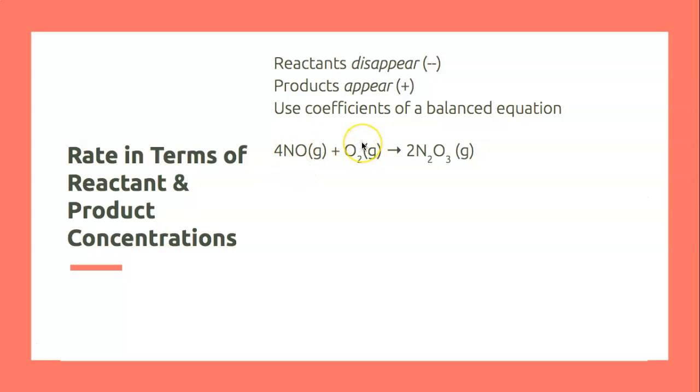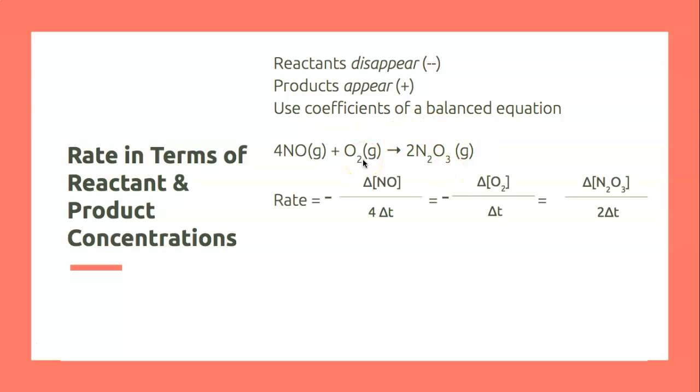Basically, by thinking about how much reactant is used up per product that is formed. So for every two, and we want to think about this in individual units, so if we were to divide that by 2, sorry, I'm getting ahead of myself. Let's look at this and then we'll talk through it.